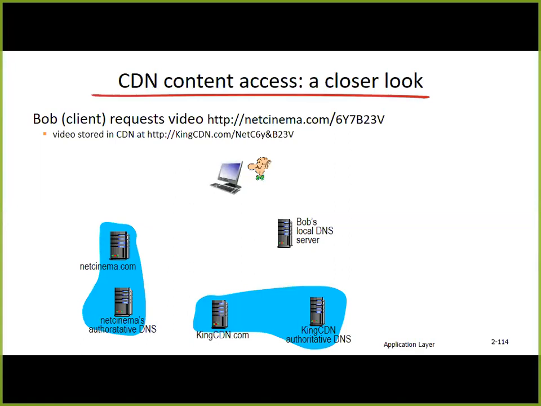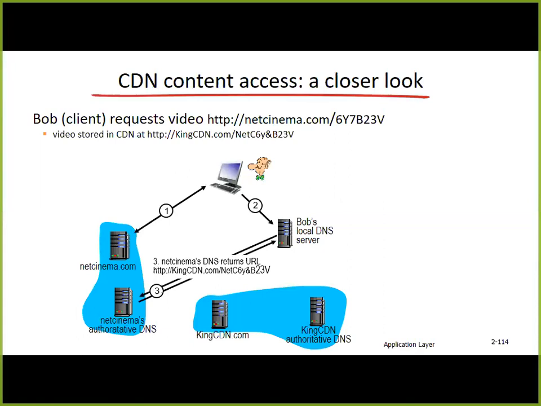So Bob will get the URL for the video from netcinema.com's webpage, and then he will resolve that by his local DNS server. The local DNS server will interrogate NetCinema's DNS server, and it will be told, hey, for that URL, go to kingcdn.com.